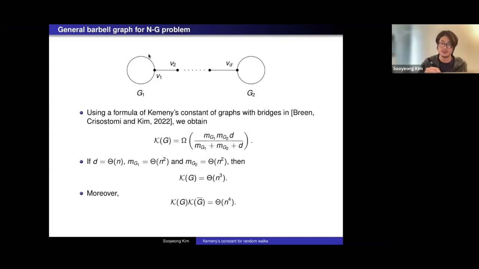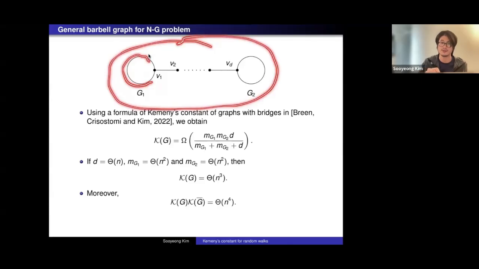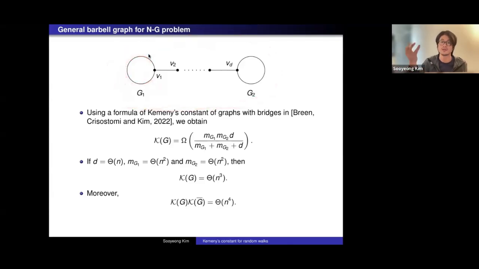Then you can arrange properly and make the entire graph bipartite. So for instance, we can show that there exists some bipartite graph whose Kemeny's constant is of order n cubed. And as we have seen, the degree of this vertex in the complement is n minus 3. That implies that the product is of order n to the power of 4.